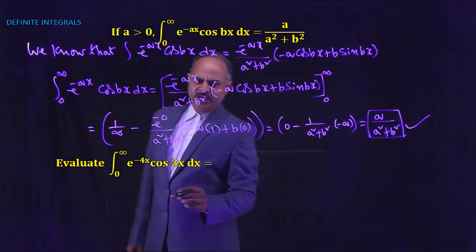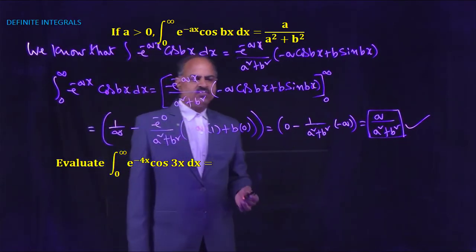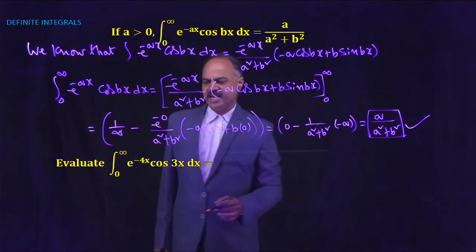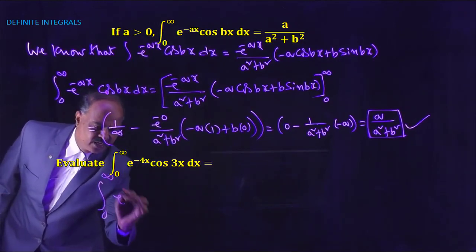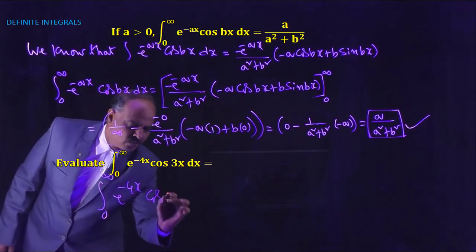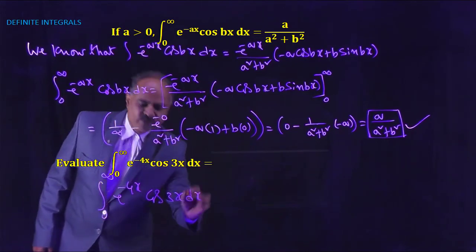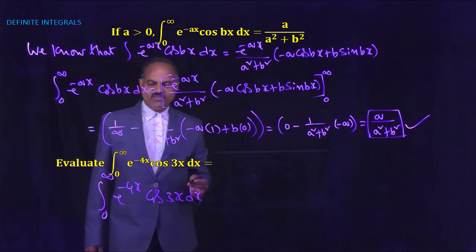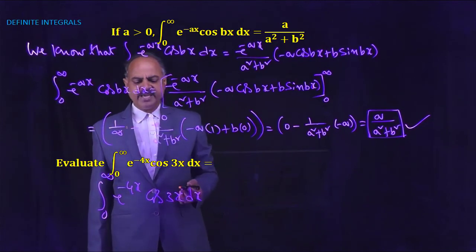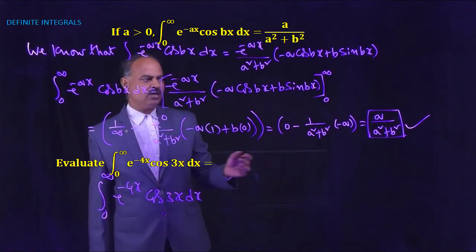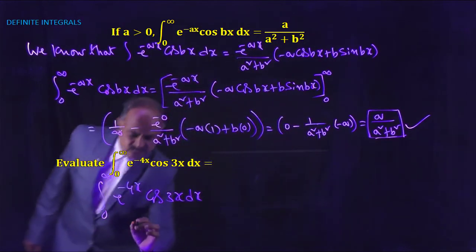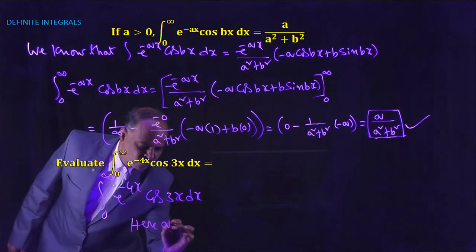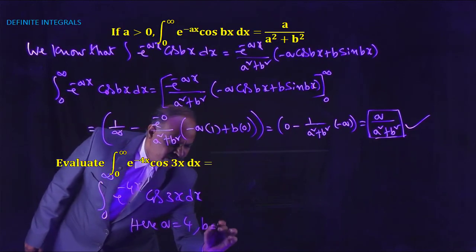Suppose, for example, integral 0 to infinity e power minus 4x into cos 3x dx. We know that integral 0 to infinity e power minus ax into cos bx dx equals a by a square plus b square. Here a equals 4 and b equals 3.